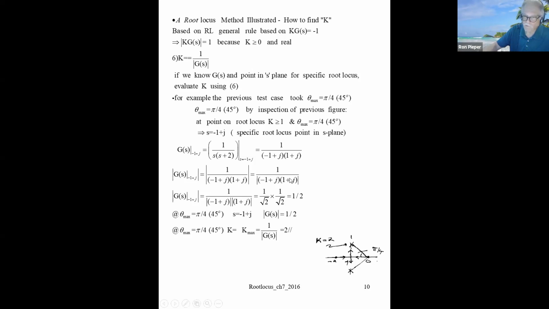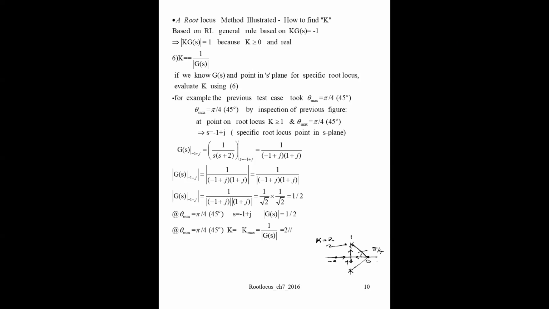Now, if I have the product of two complex numbers, and I want the magnitude of the product, I could argue that the magnitude of the product is the product of the magnitudes.